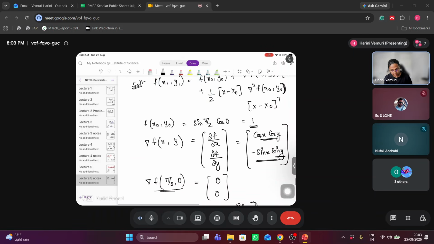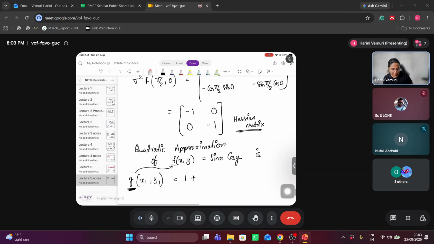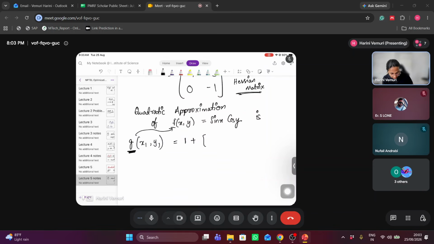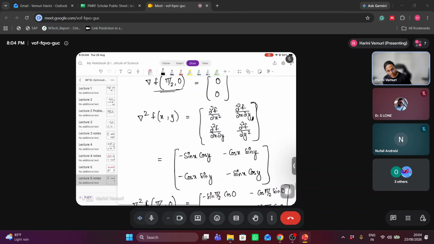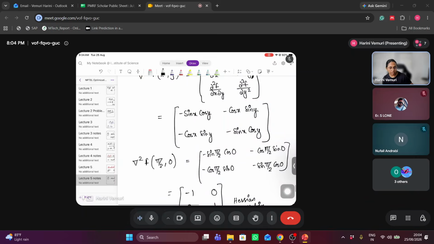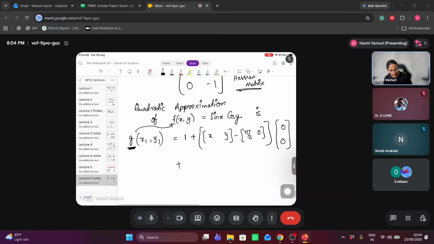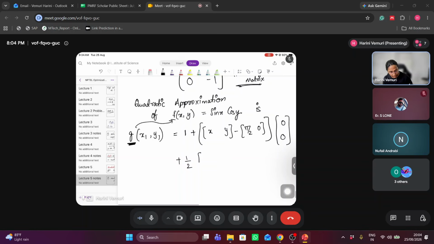x1. Then we have x minus x naught. So that is how we will do, x, y minus pi by 2, 0. Then we have first order differentiation del of f at pi by 2 comma 0, which is 0 comma 0, plus, then we have to take second order differentiation.